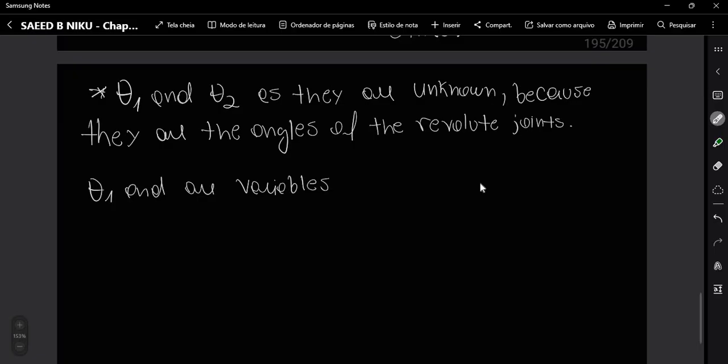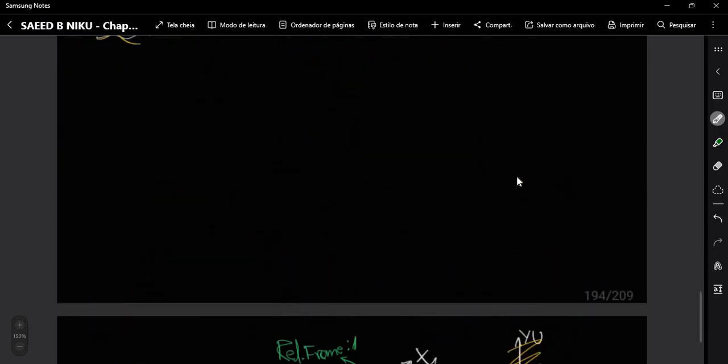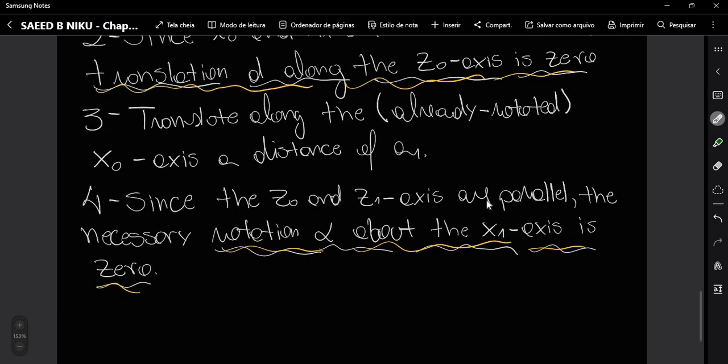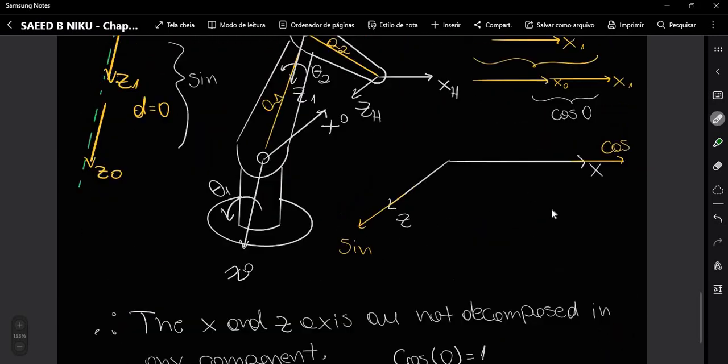And what we know is alpha, which is 0, and also D, which is also 0. From this sequence, we know that alpha and D are 0.